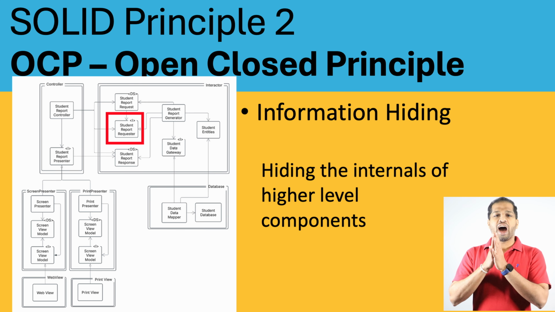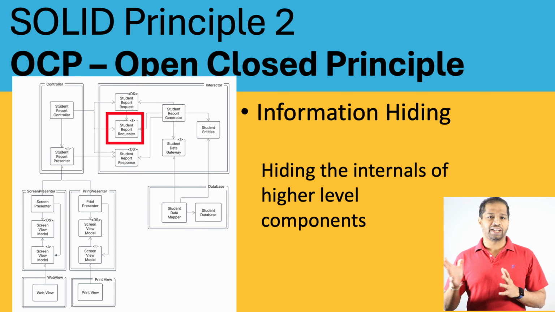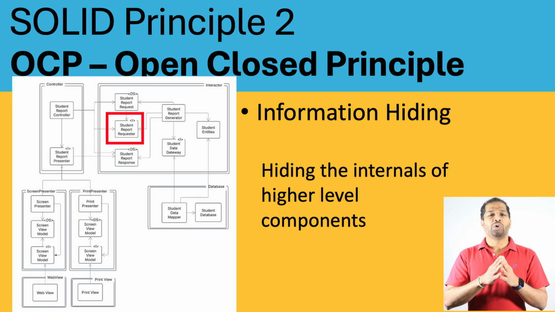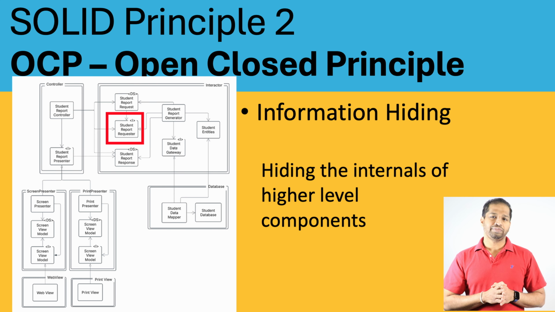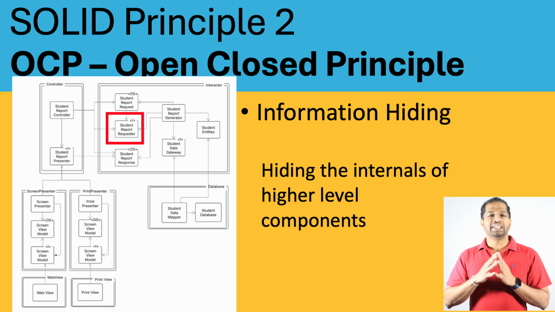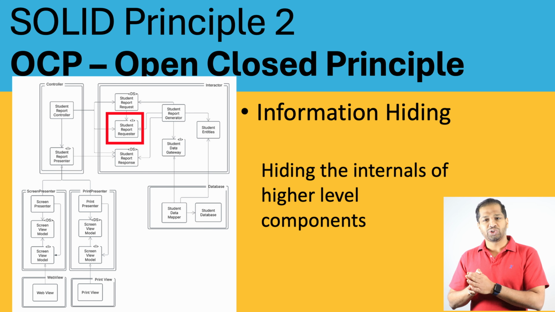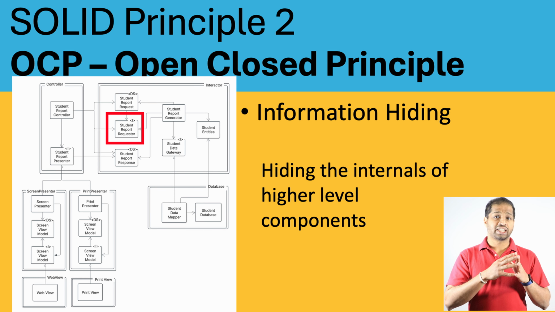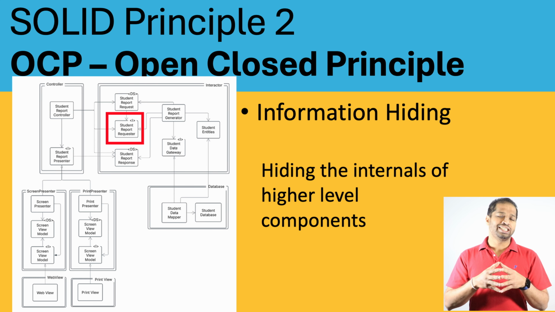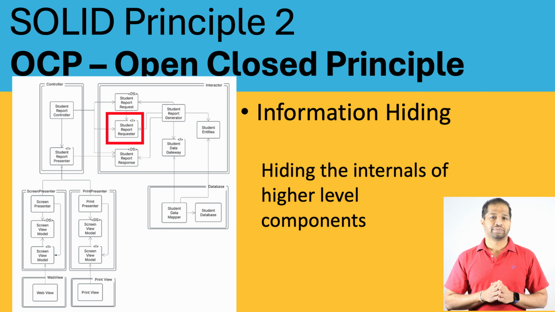Transitive dependencies are a violation of the general principle that software entities should not depend on things they don't directly use. So even though our first priority is to protect the interactor from changes to the controller, we also want to protect the controller from changes to the interactor by hiding the internals of the interactor.